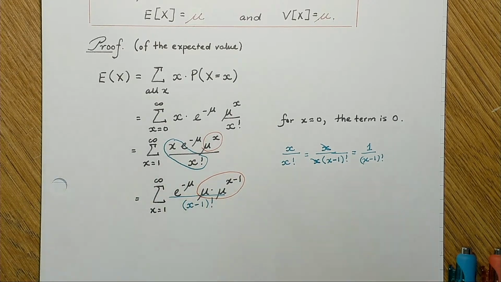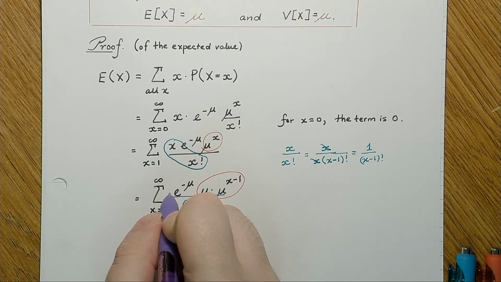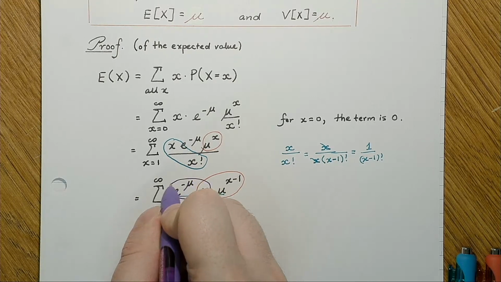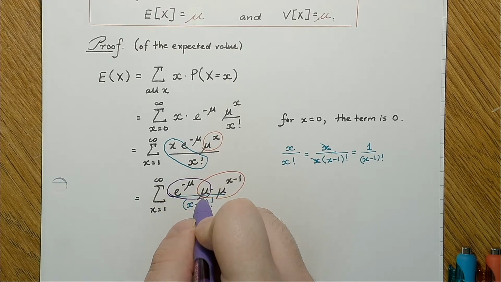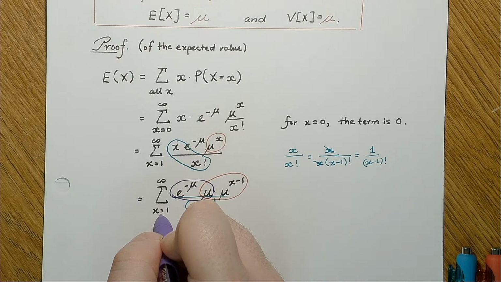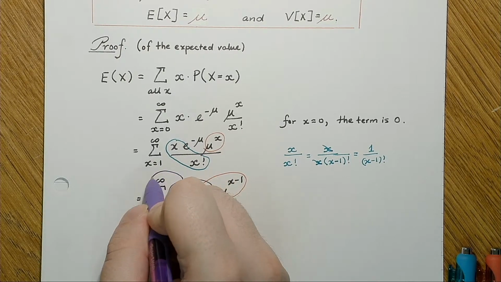And now, what I can do is I see this part right here, the e to the minus mu times mu, that doesn't depend on x. So I can bring that out in front.